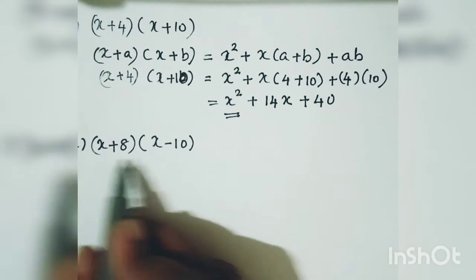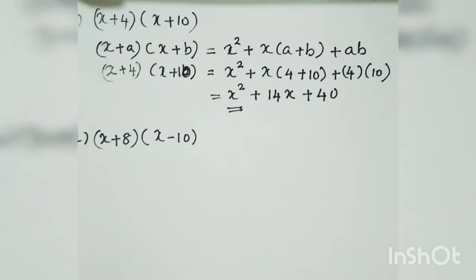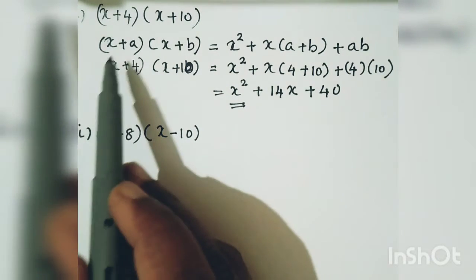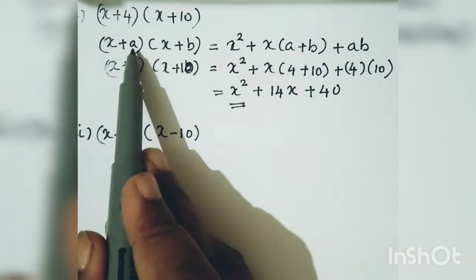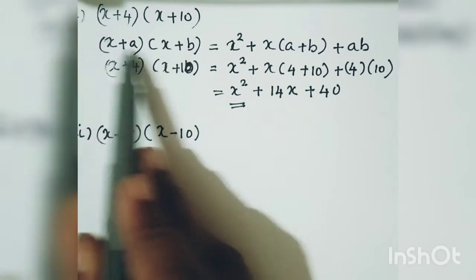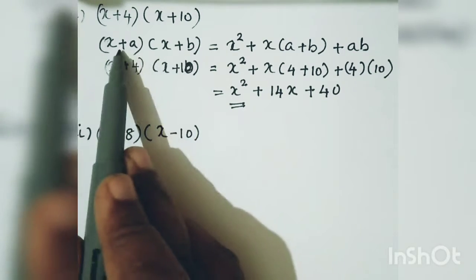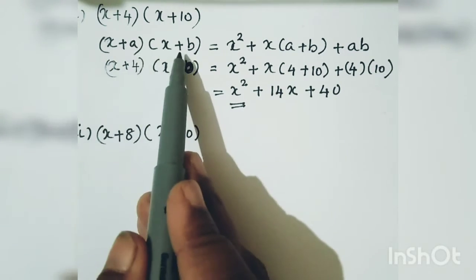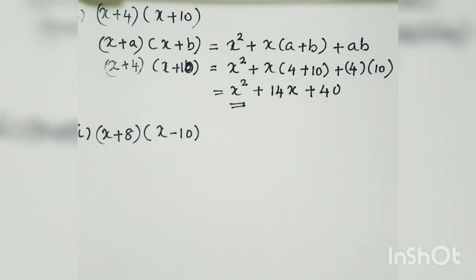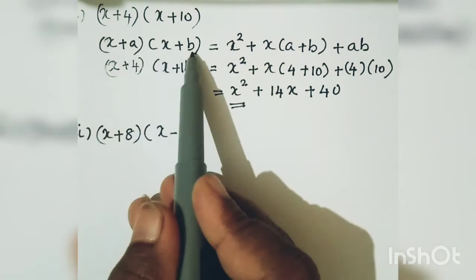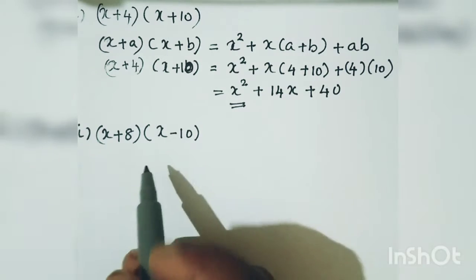So in this question also, here we are going to use the same identity only. There is no x minus a, x minus b identity. This is the only identity where you will have both with the positive sign only, but a and b value can differ with the sign.